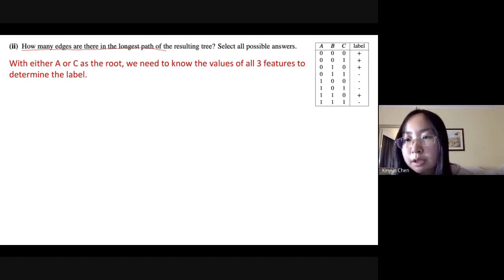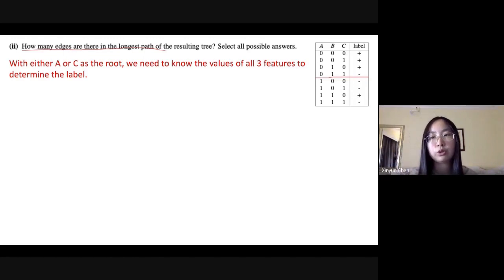Suppose we do the first split over A, then we will see that in order to determine the label, we will need to do two other splits over B or C, because if we only do one split over B or one split over C, we still cannot decide the label, because there are always some cases where two points have the same value of B or C, but their labels are different.